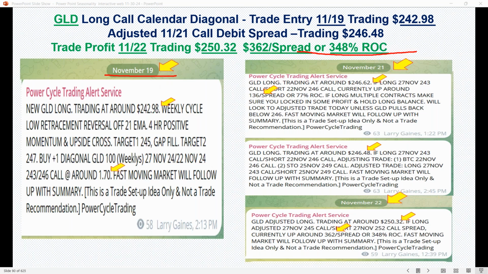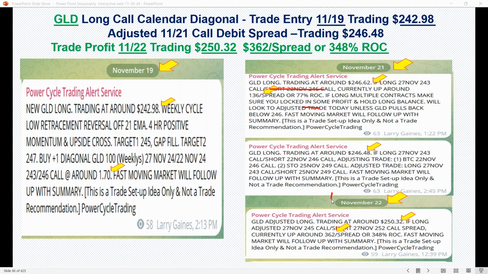Here's a quick summary. It says new GLD long trading at 242.98, weekly cycle low retracement reversal off 21. 4-hour positive momentum and upside cross, target 245, which was a gap fill area, target 247 by the diagonal. And then we did an adjustment here. You can see everything's very detailed.